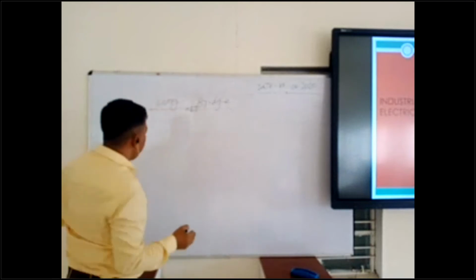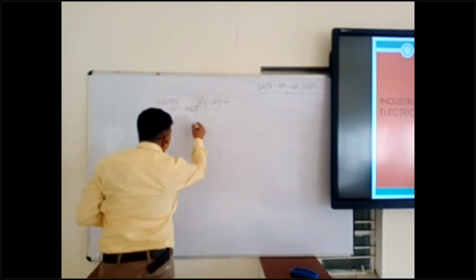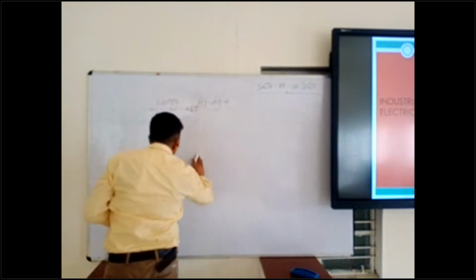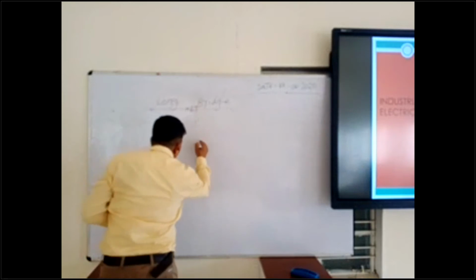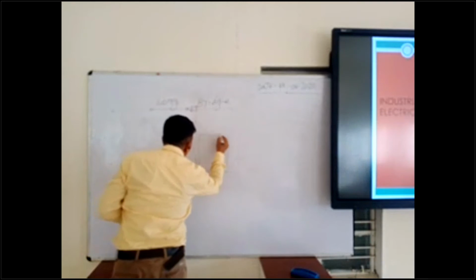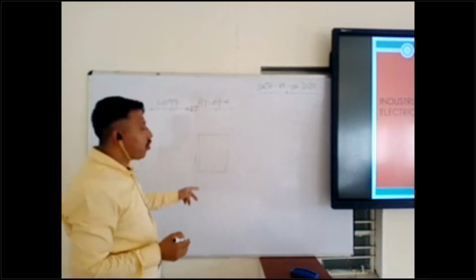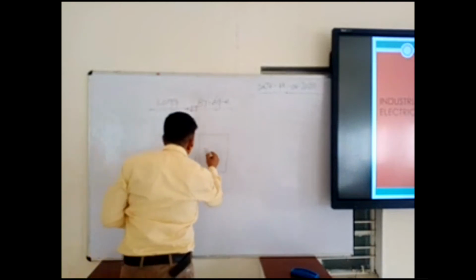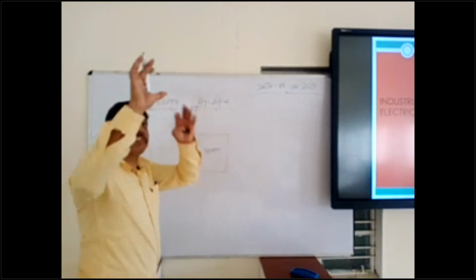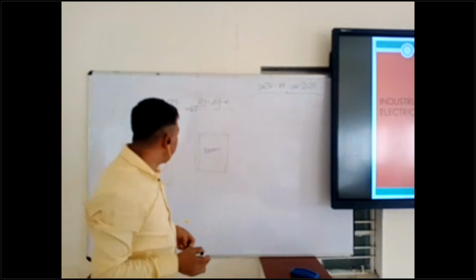Long bridge, okay? Suppose the pipe is coming here. This is your beam, a beam on the slab.